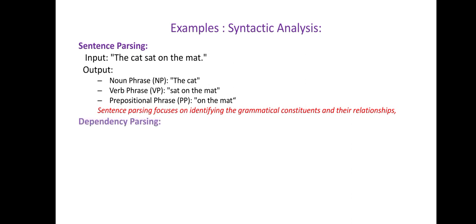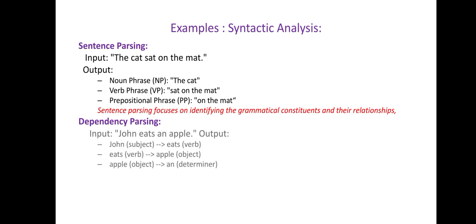There is another type of parsing, that is dependency parsing. We can take an example like this: John eats an apple. If you consider the parsing analysis, John is the subject, and each word is dependent on another. The subject is dependent on the verb: John eats.